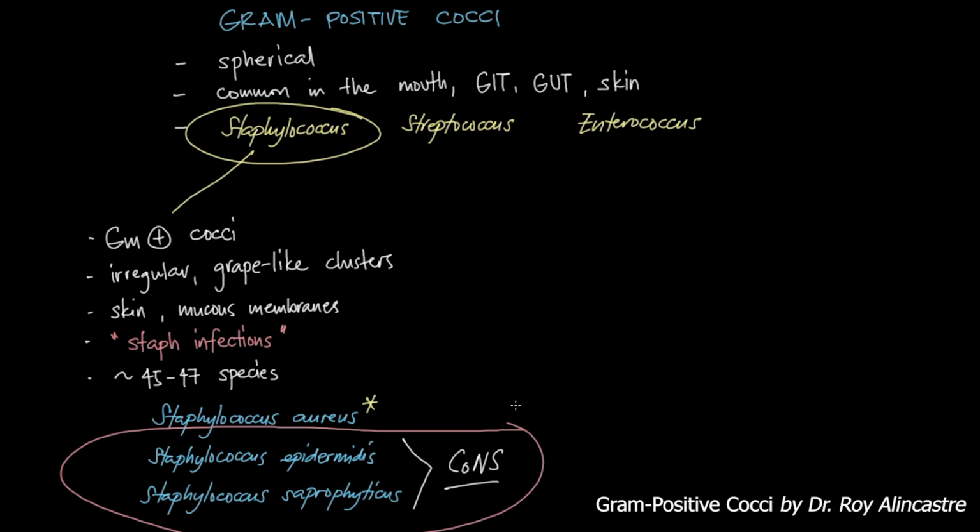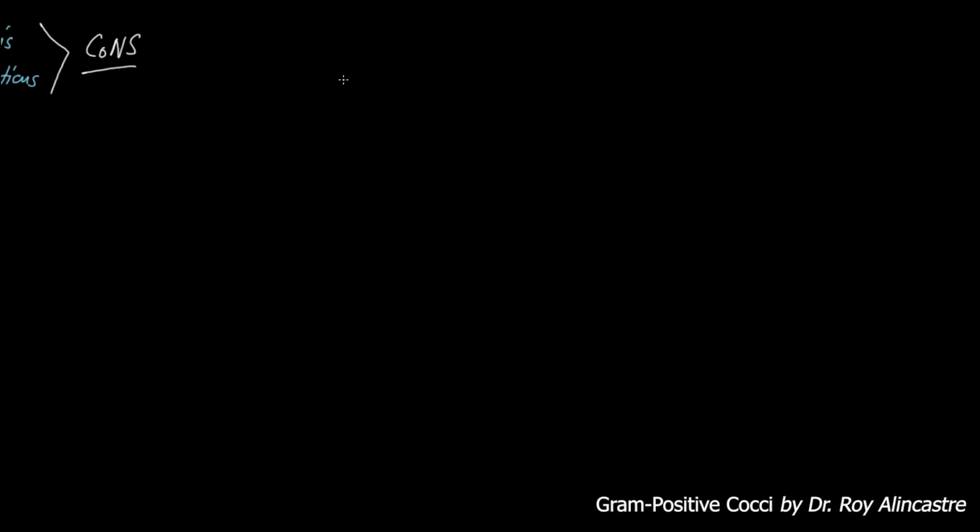Now we go to the coagulase-negative staphylococci. Other than Staph aureus, there are more than 45 other staphylococci. In medical practice, the fewer than 20 species that have been isolated from human infections are typically lumped together by a negative characteristic, which is failure to produce coagulase.